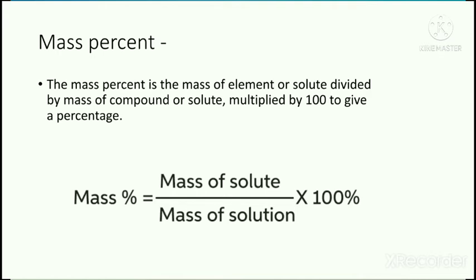Mass percent is equal to mass of solute upon mass of solution into 100. Remember students, it is expressed in percentage. Therefore at the end of mass percent, the symbol of percentage will be there.